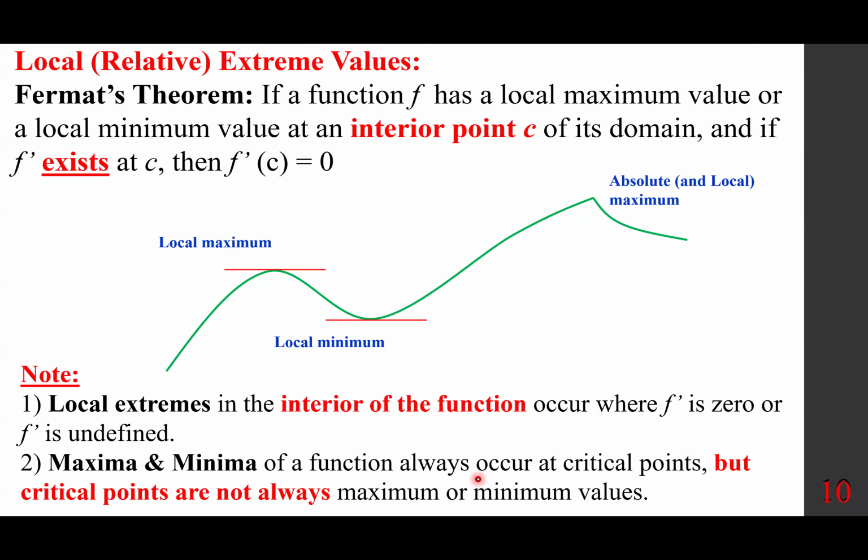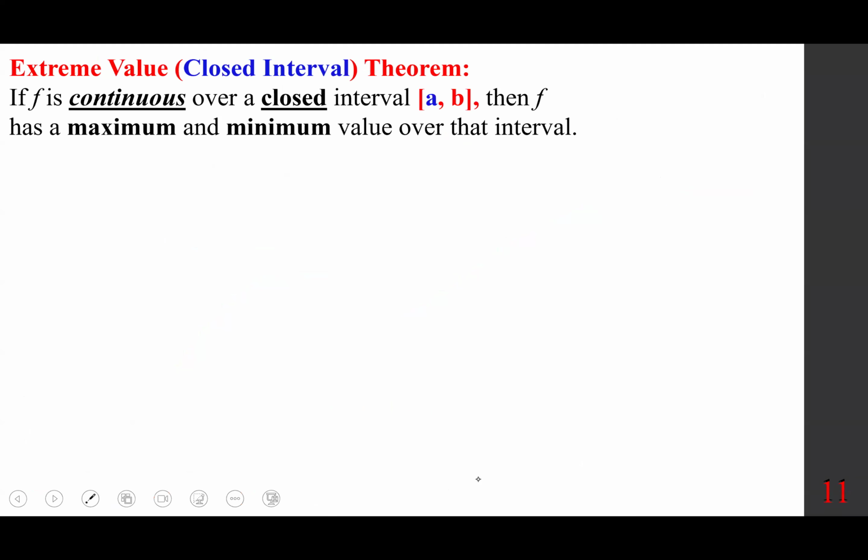And now we have the extreme value or closed interval theorem as a result. If f is continuous over a closed interval of a to b, then f has a maximum and minimum value over that interval. Take a look. Local max, local min. It happened to be an absolute max here, absolute minimum here, if this is the entire domain.